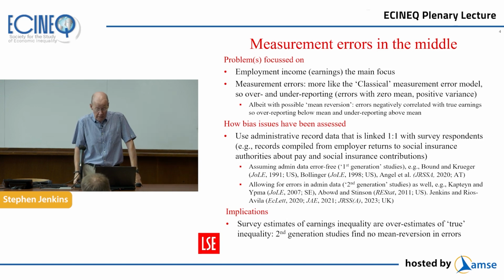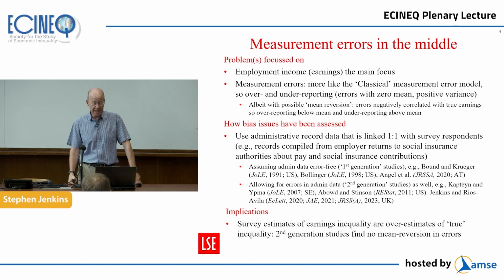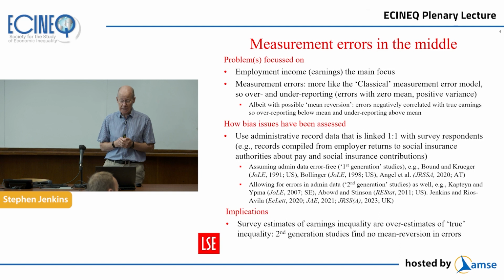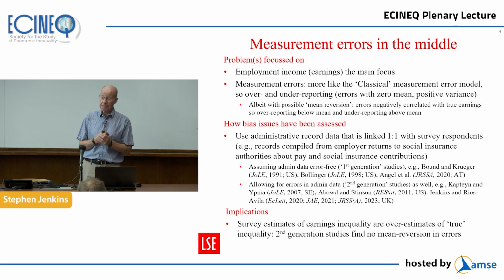In the classical model, you have errors with zero mean and a positive variance, with an important complication that people have talked about, known as mean reversion, where the measurement errors may be negatively correlated with your true earnings. What that effectively means in practice is that you get over-reporting below the mean and under-reporting above the mean.